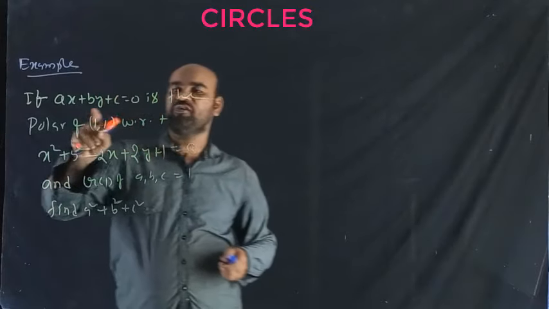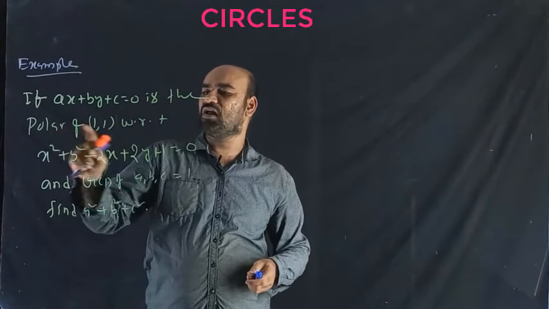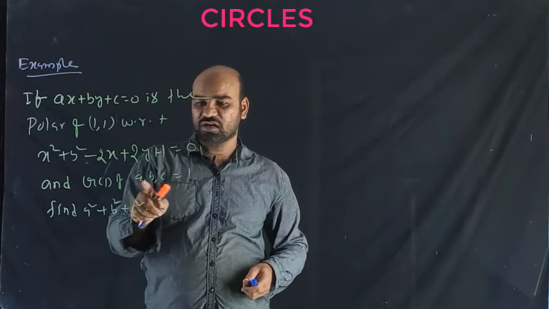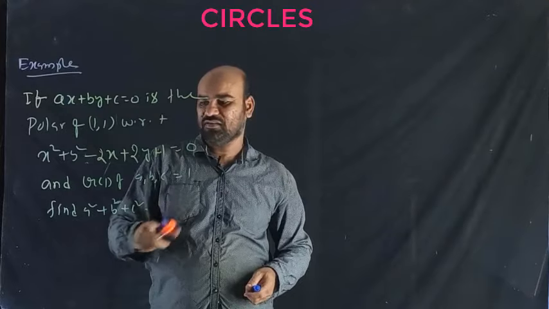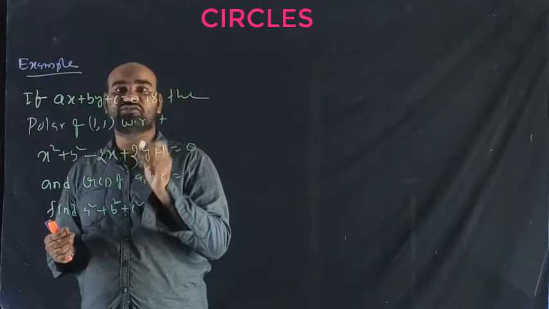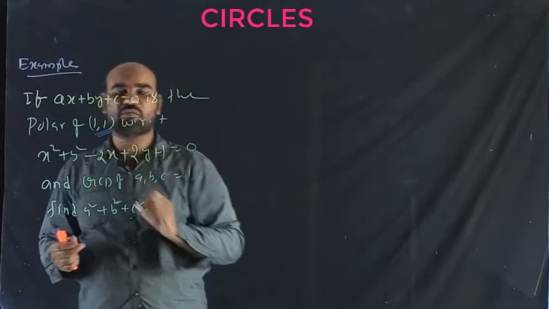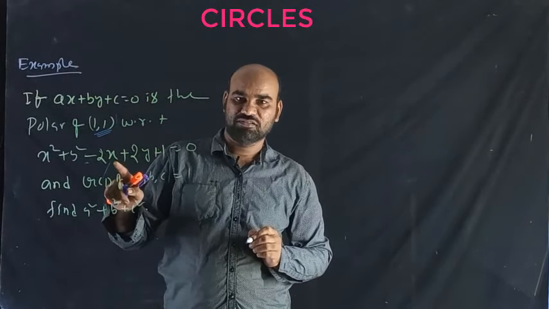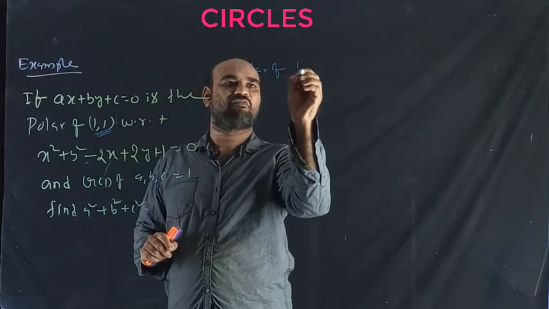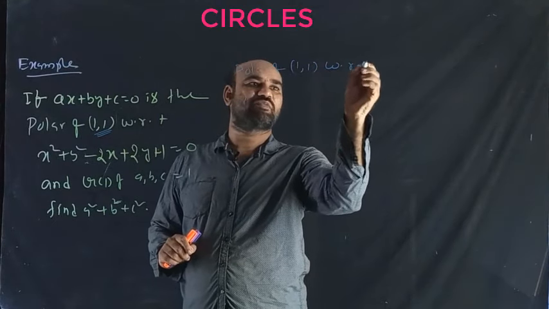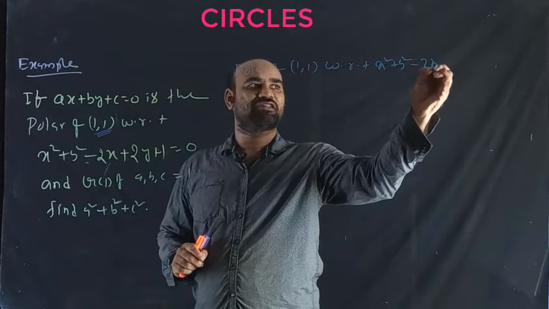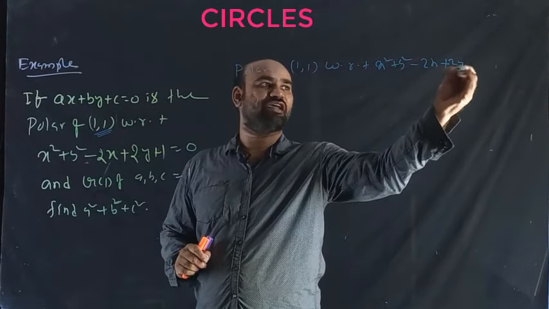If ax plus by plus c equals 0 is the polar of (1, 1) with respect to this circle, and a, b, c are prime to one another, then find the value of a square plus b square plus c square. First of all I want to find the polar of (1, 1) with respect to x square plus y square minus 2x plus 2y plus 1 equals 0.